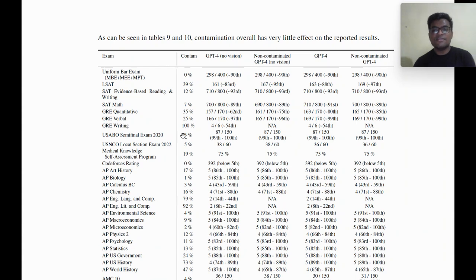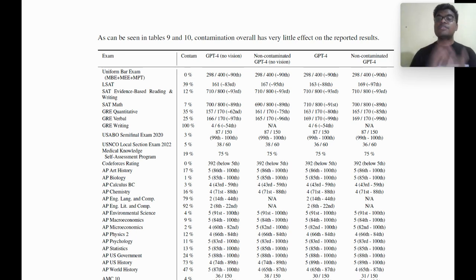Yes. When I was seeing this table in the technical report, it gave me a lot of learning. I can see GRE verbal, quantitative, writing, SAT math, LSAT, and the uniform bar exam, and how GPT-4 has given its output.